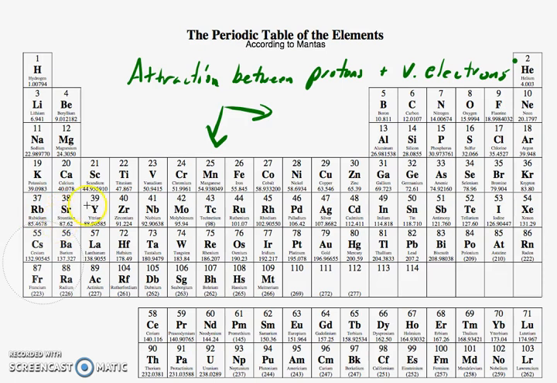Now the caveat here is that we did that at the same shell or energy level. And you really got to think of these atoms, when we're talking about attraction, it's all about the protons. Okay, the protons are centralized and they're non-moving. It's consolidated positive power in one central location in the middle.